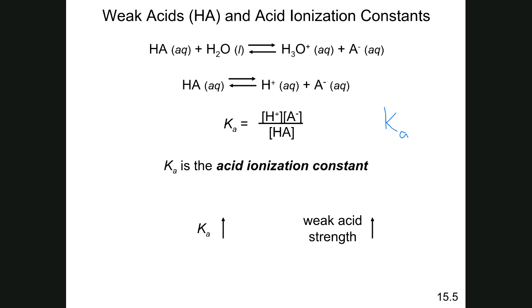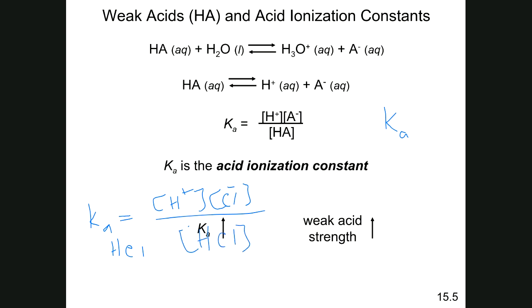Because if you write Ka for strong acid, like HCl, it is going to be concentration of H plus, because it's products over reactants, right? Cl minus over concentration of HCl at equilibrium. Well, this reaction does not reach equilibrium because it's a strong acid. It doesn't reach equilibrium. So we don't have equilibrium.